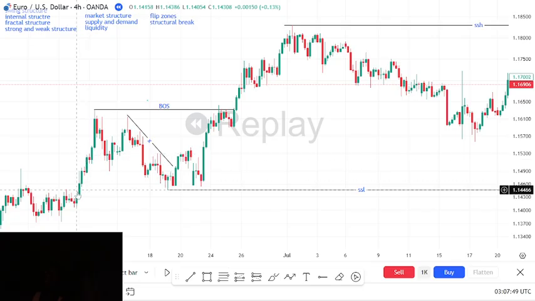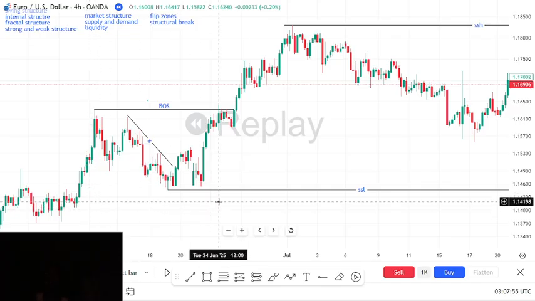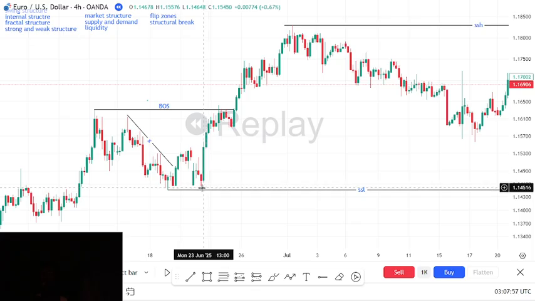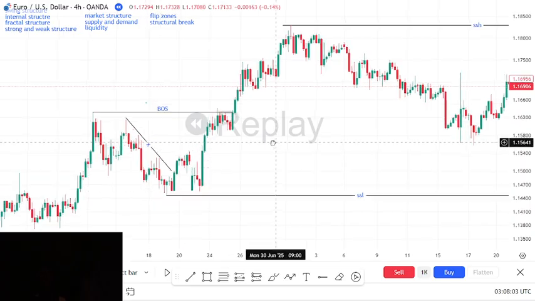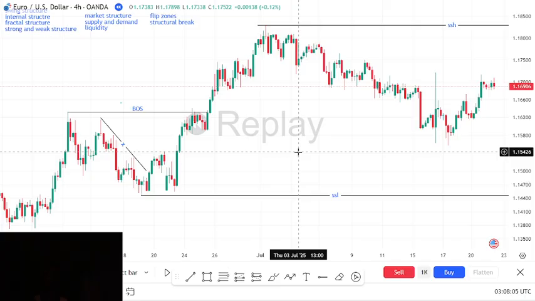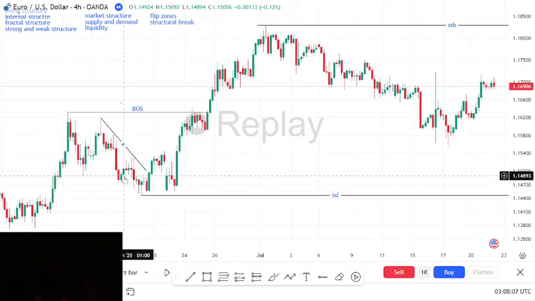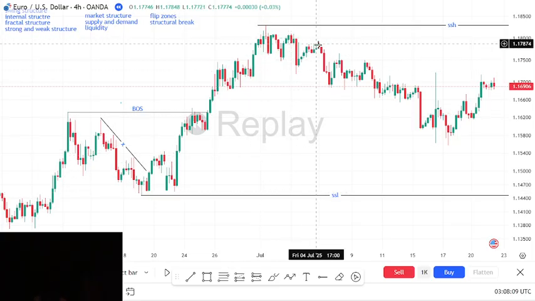I think this one also broke the structure. Here was the last low that you were expecting price to not break. Therefore, here will be a valid demand zone. But this one is when we refine it. I'm not at the demand zone yet.